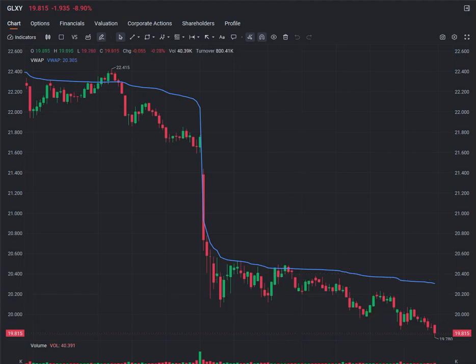You can short at 2040, and take the stop loss above 2060. Hold on a second, let's see what is the stop loss. Yeah, 2055. Let's round things up. 2055 and 2040, that's 15 cents of risk.